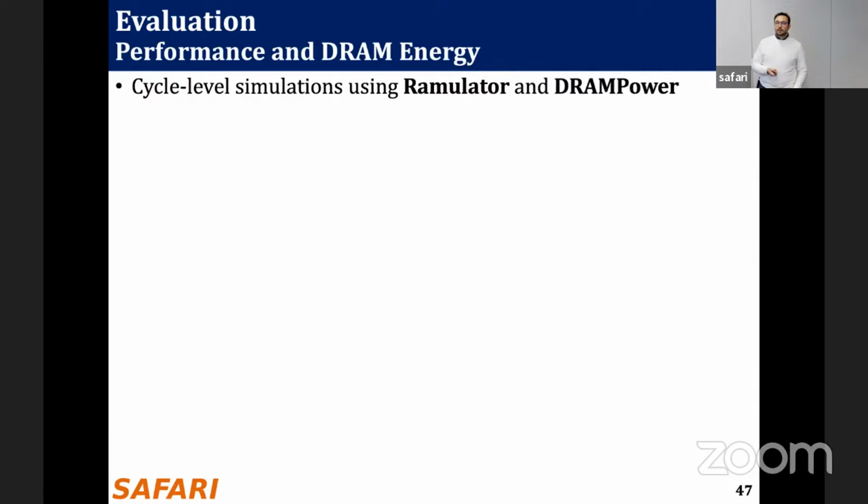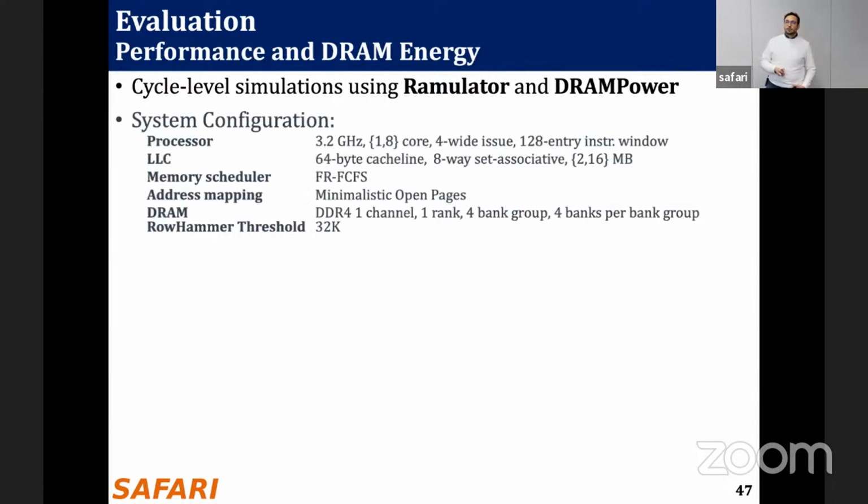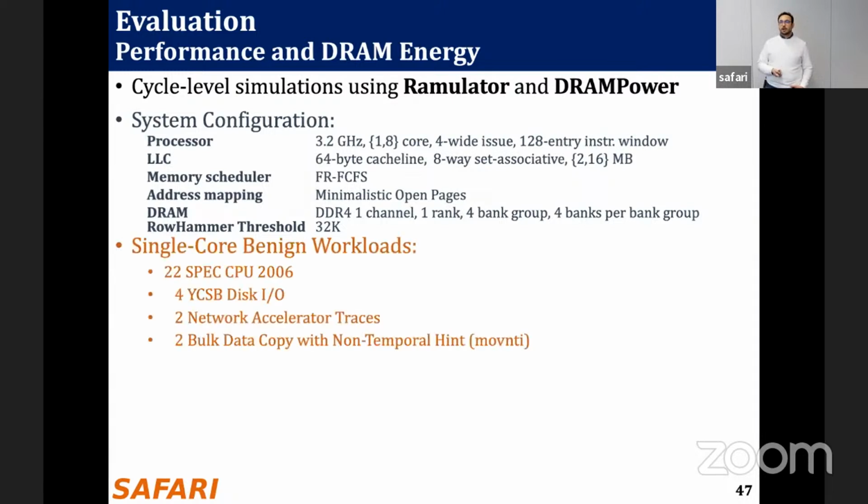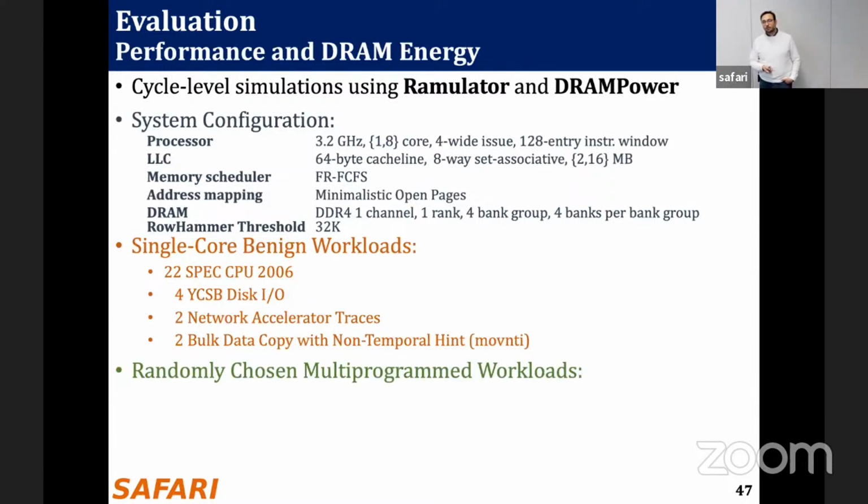As Ismail pointed out, the false positives are a real concern here. So we want to evaluate the performance and DRAM energy impact of BlockHammer. For that, we conduct cycle-level simulations using Ramulator and DRAMPower for the system configuration and for several different workloads from different benchmark suites.